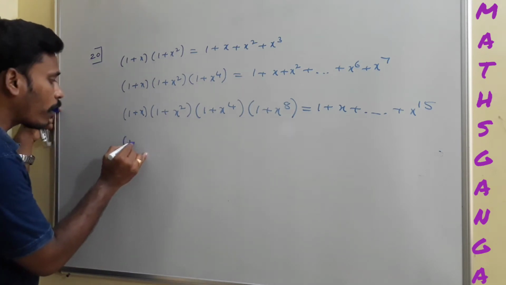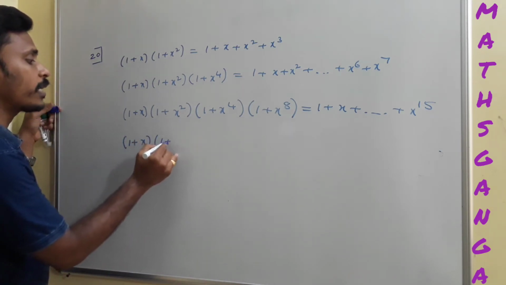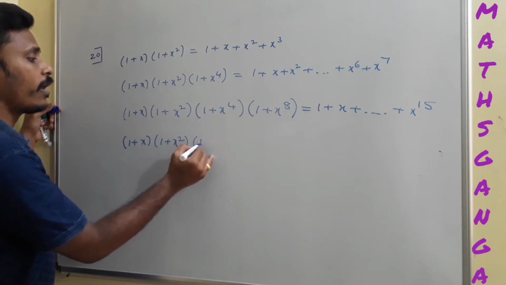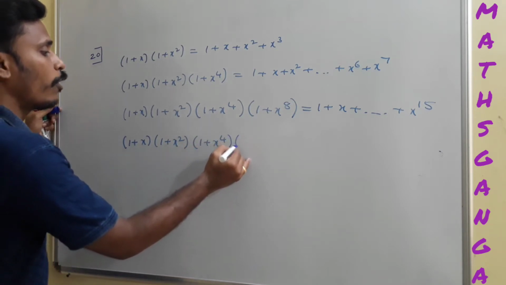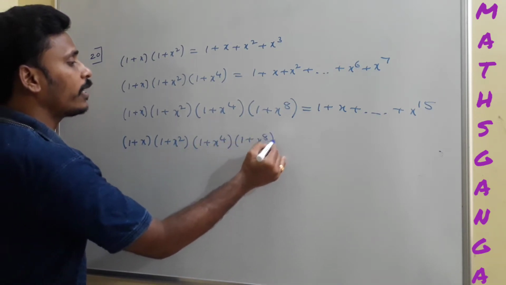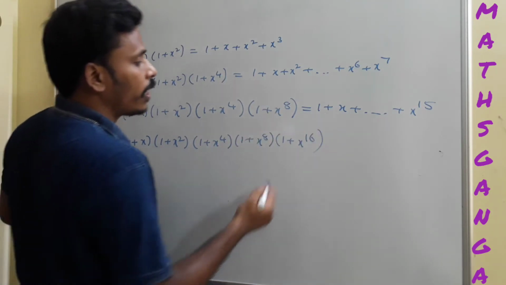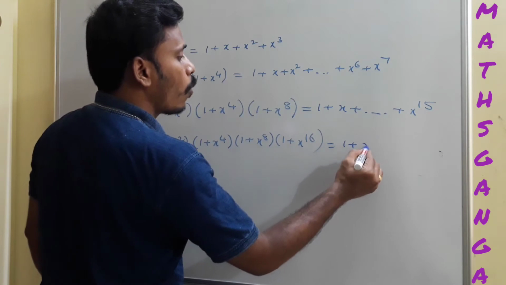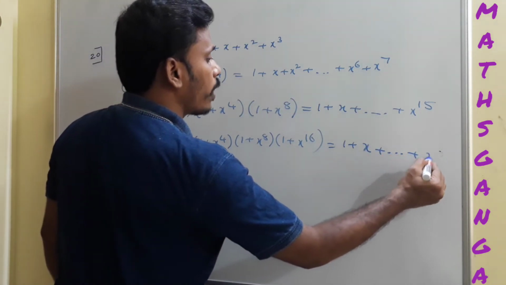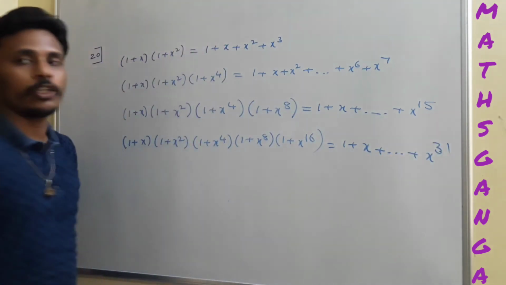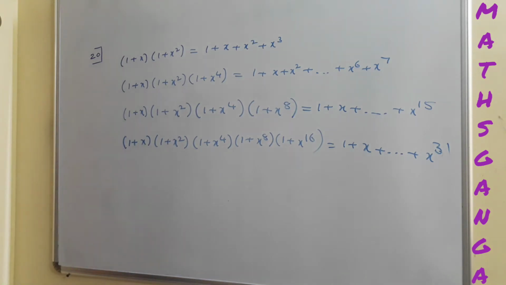And if you write one more term, 1 plus x, 1 plus x square, 1 plus x power 4, 1 plus x power 8, 1 plus x power 16. Okay, the next term is 2 power 4. This is equal to 1 plus x plus and so on plus x power up to 31 you will get. Okay, see those results you can get just by the multiplication, that's it. No other way is there, okay.